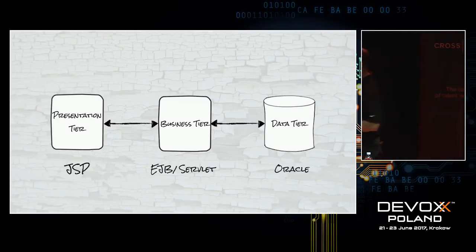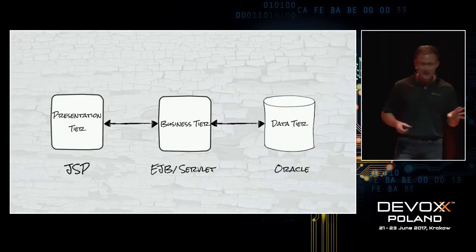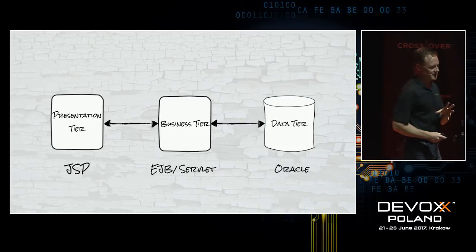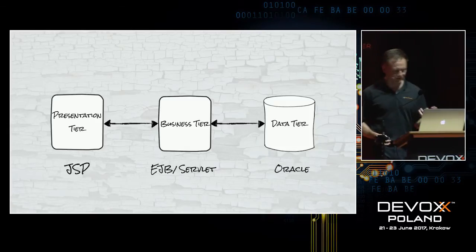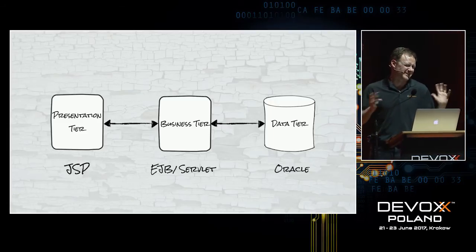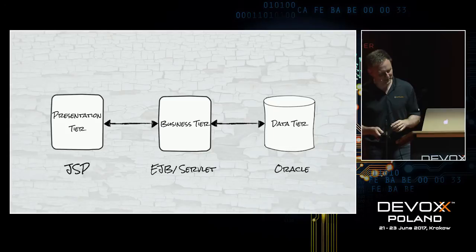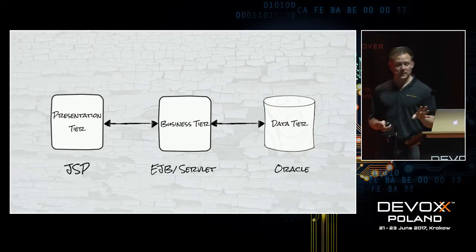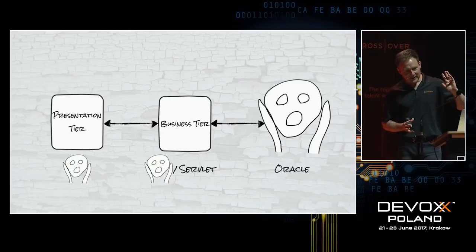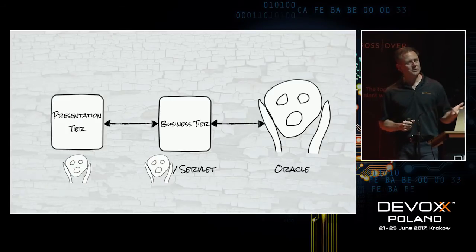So back in the day, the presentation tier was JSP. In the middle, we had terrible things that I shouldn't even say in polite company, and on the back end, another terrible thing. This is just how we built. These weren't really distributed systems as such back then. They didn't really act like it. A few things went wrong with that, and those things changed over time.